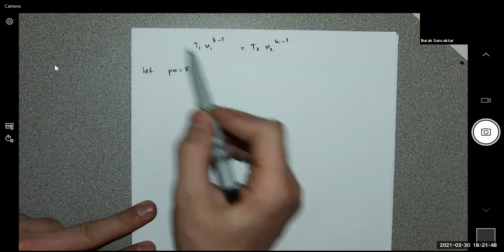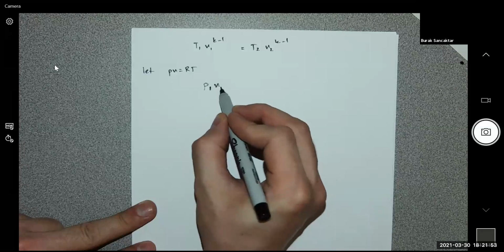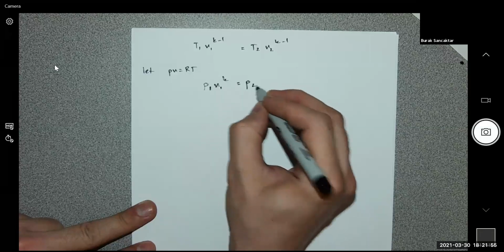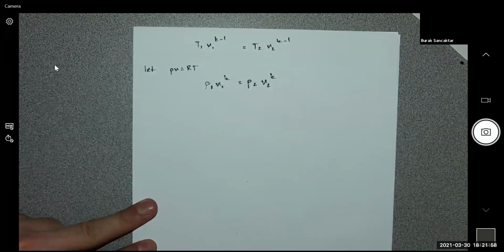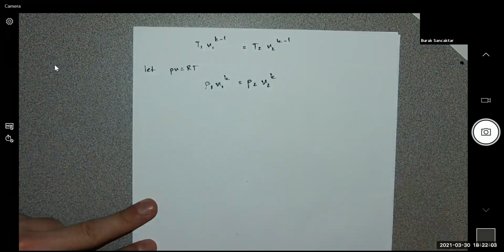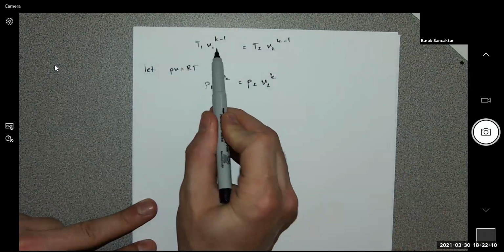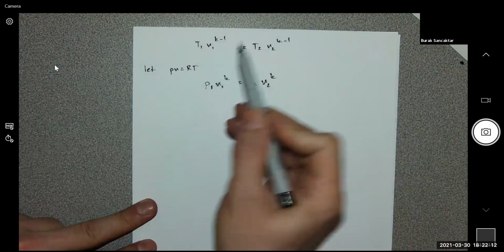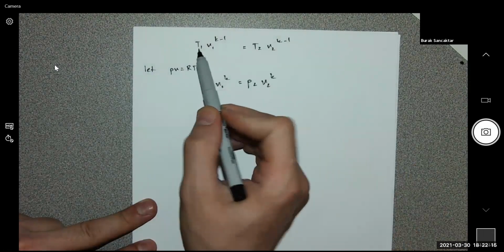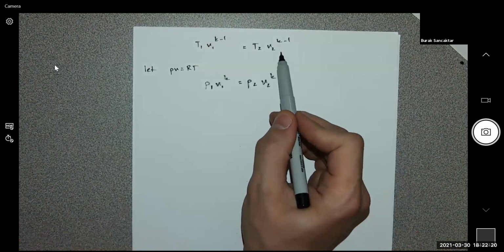After eliminating and organizing that equation, what I have is P1 V1 to the power of k equals P2 V2 to the power of k. If I want a temperature and pressure equation from state 1 to state 2 for an isentropic process, instead of specific volume, I can write R T1 over P1 to the power of k minus 1 times T1, and T2 times R T2 over P2 inside the parentheses to the power of k minus 1.